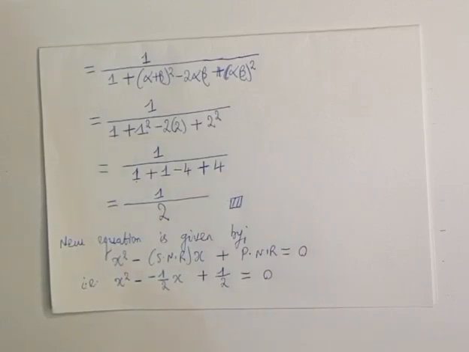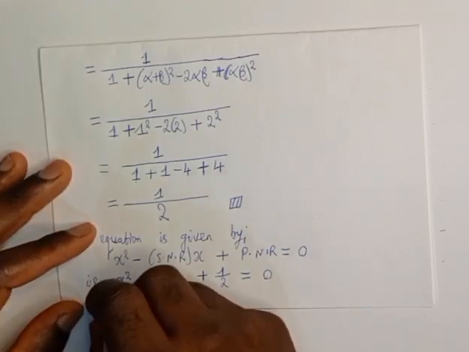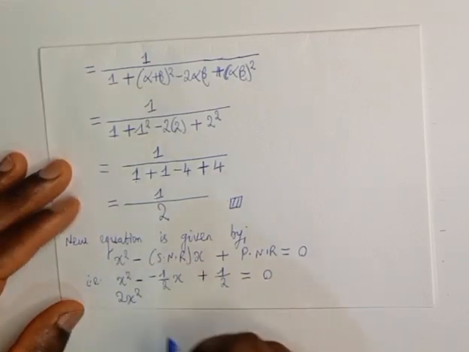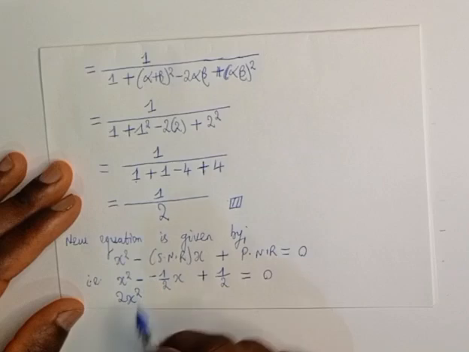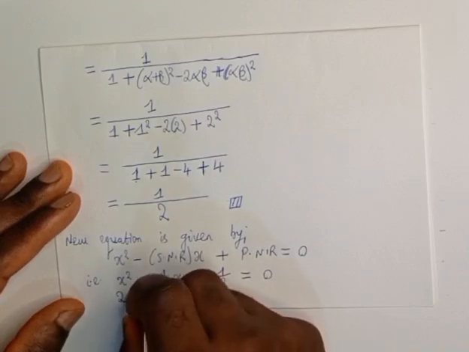Next, we are going to multiply all through this equation by 2. The reason why we are multiplying all through this equation by 2 is simply because we want to eliminate the 2's at the denominators. This will give us 2x squared. Negative negative becomes positive, we have plus here.